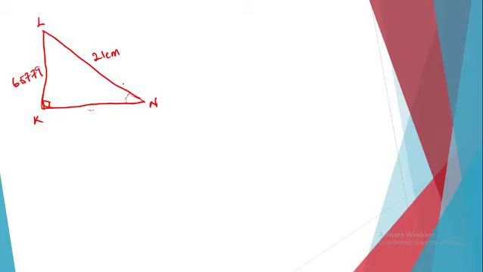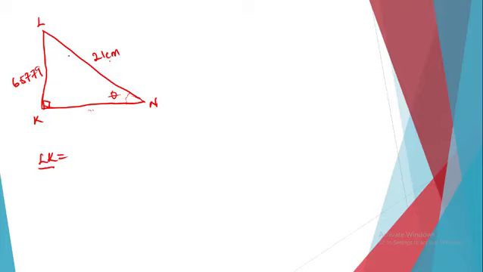So what do we do now? Let us start. Remember what we are using is sine theta. This is the theta. The line facing this angle is opposite, and this is our opposite, and this is our what? Hypotenuse. So we are using sine theta.